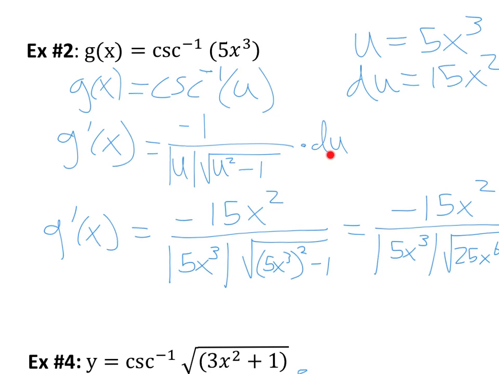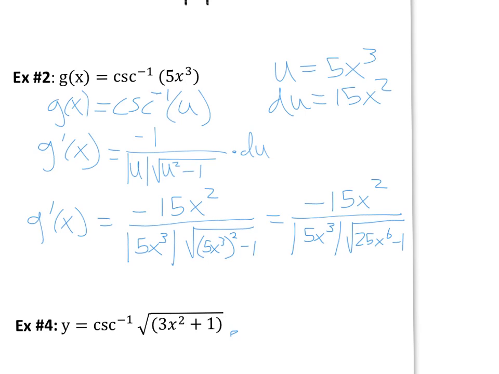And since I'm multiplying by the du, I can just technically just put it on top, which is what I did here. -15x squared, because that's my du, over the absolute value of my u, square root my u squared minus 1. Since this is being squared, I went ahead and simplified it. And there we go. So, you could probably do some simplifying here, but that's not really what we need to do here. I just want us to get to the derivative, and that's good enough.